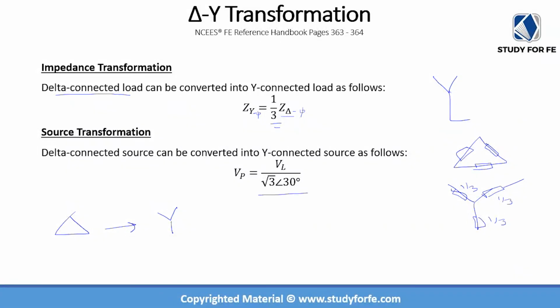And for phase angle adjustment, you have to make sure that you introduce this factor of square root 3, and then you can transform the source from a delta source to a Y source.